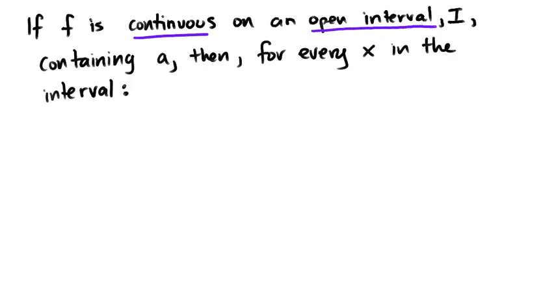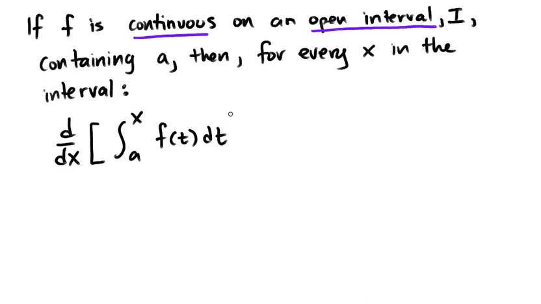For every x in the interval, this is true, that if you take the derivative of the integral from a to x of your function, and we'll write it in terms of another variable t, you will always get, as I showed above, that original function with respect to x. And this is known as the fundamental theorem of calculus, part 2.